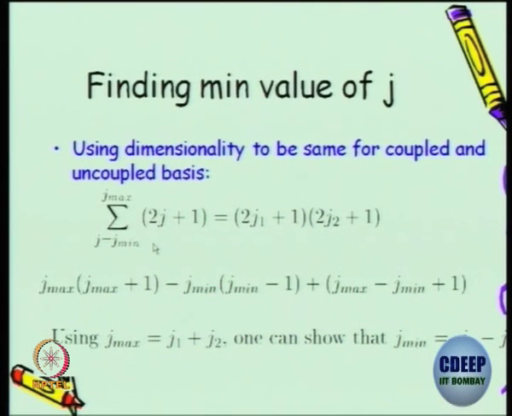But independently, the maximum J value is the sum of the angular momenta of both the particles. Minimum J value will be the positive of the difference. Okay. If J1 is greater than J2, it's J1 minus J2. That is the minimum J value. If J1 is less than J2, it is J2 minus J1. Clear?